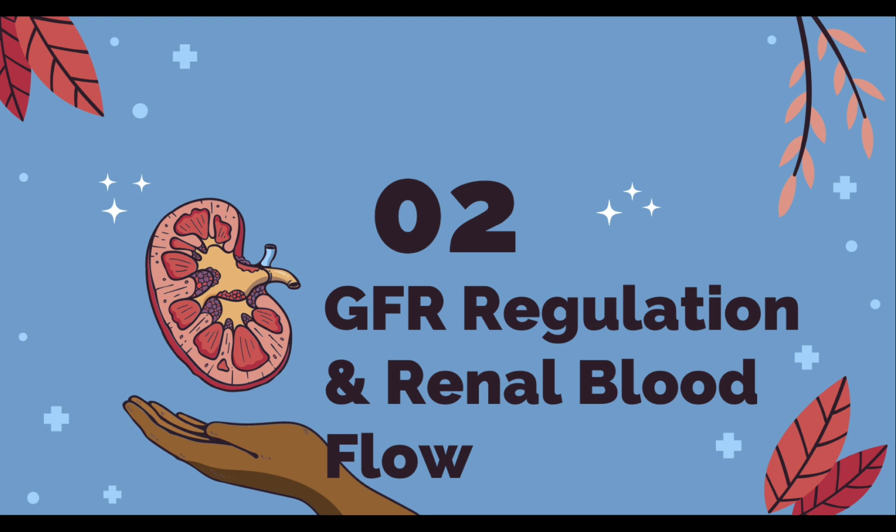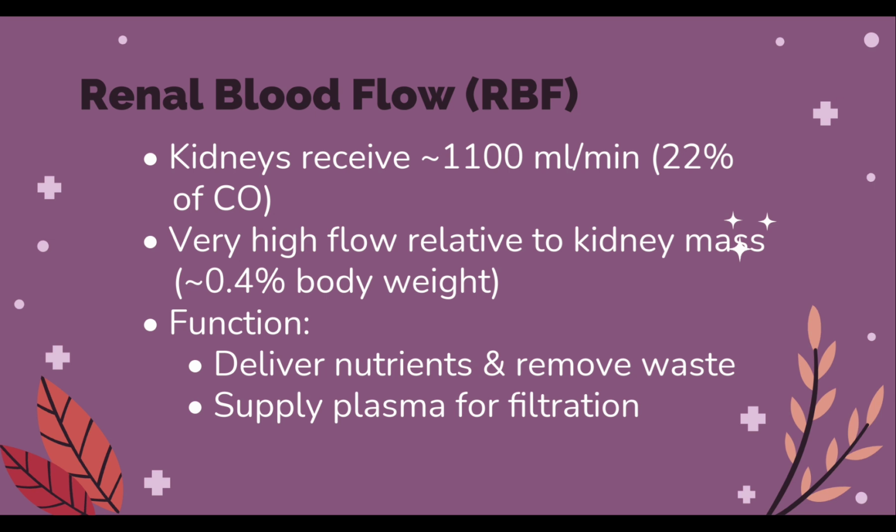So now we are going to talk about our second content, which is the glomerular filtration rate regulation and the renal blood flow. The kidneys usually receive about 1100 milliliters per minute of cardiac output. So it is about 22% of the cardiac output of the body.